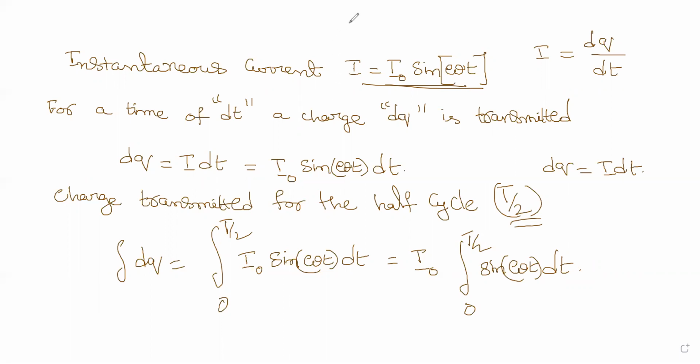So clear? Hopefully it's clear. And now the charge QAC sent for the AC for half cycle is I naught into integral 0 to t by 2 sine omega t dt.